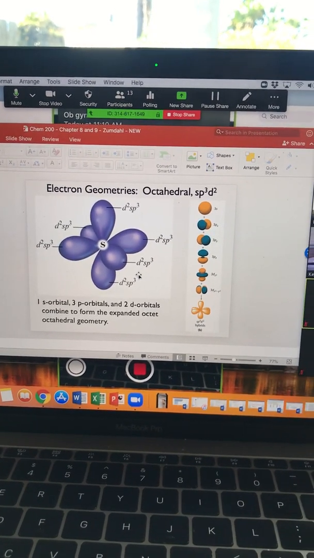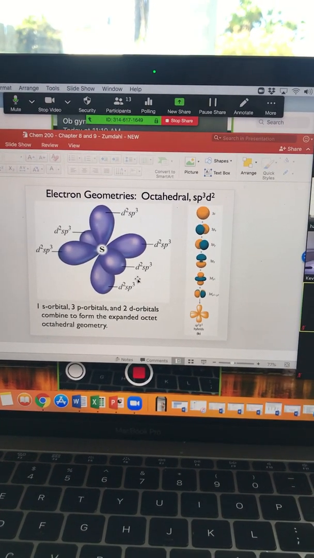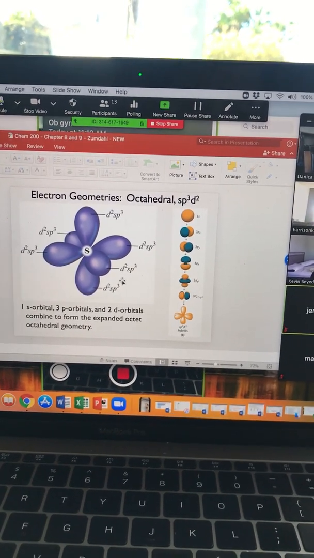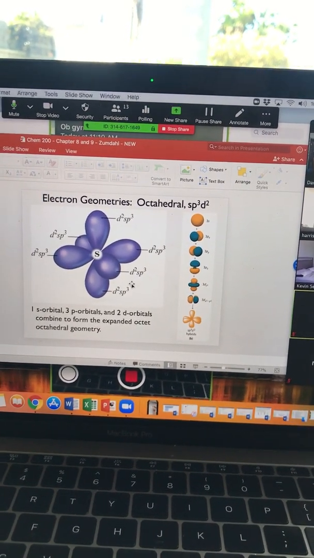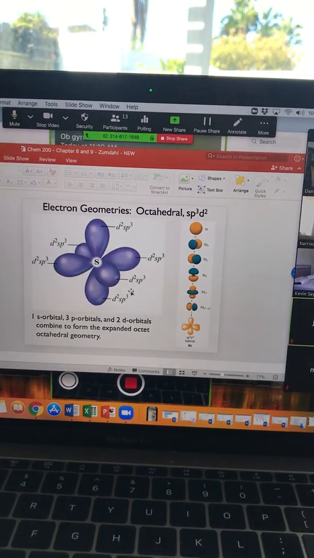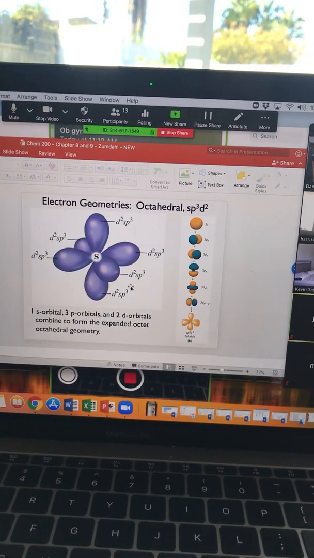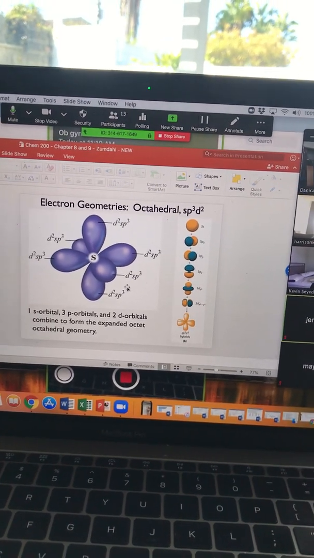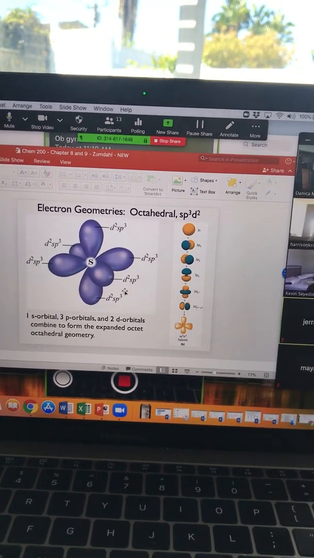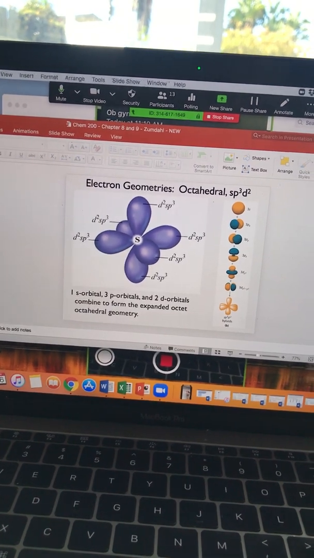Now remember, VSEPR theory is saying that all of the electron groups in a molecule want to be as far away from each other as possible. So the molecular shape will always form the shape that gives you the maximum distance between electron groups, thereby minimizing the overall energy of the molecule. So the way that we accomplish this is by doing this hybridization process.